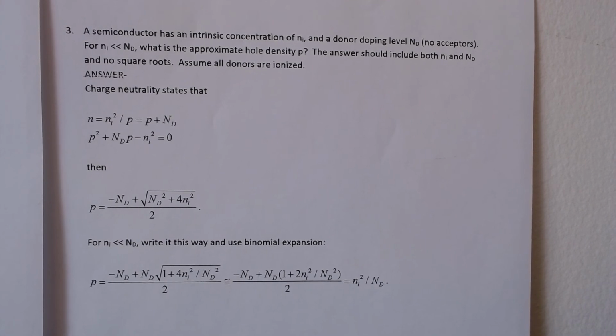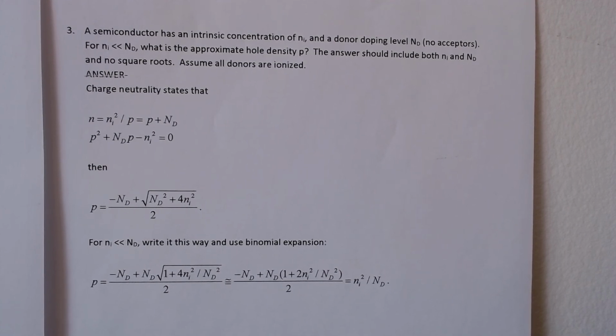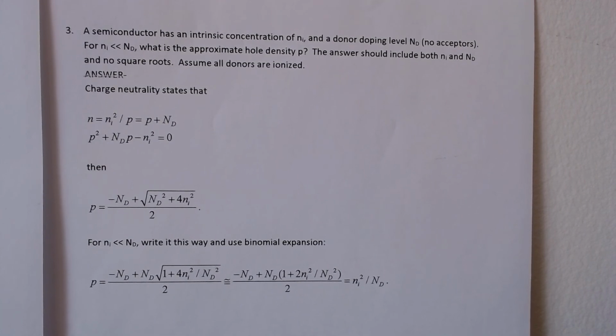Now, some of you tried to solve for an approximate solution for n first, and then use p as ni squared over n. You could get the right answer, but it will lead to some difficulties in making the approximation. So this is the cleaner way to do the answer.